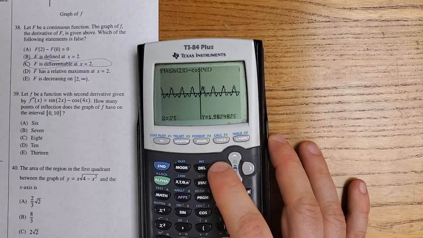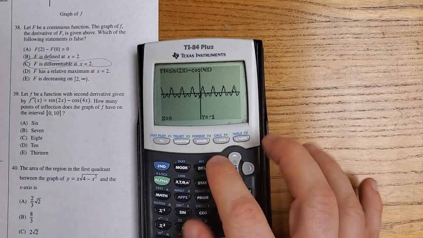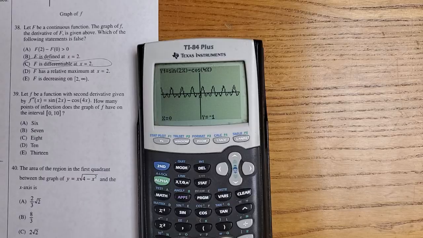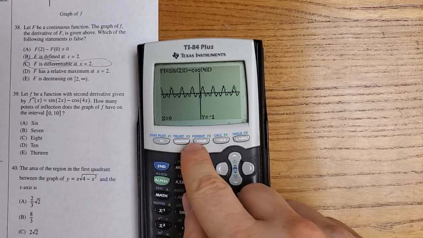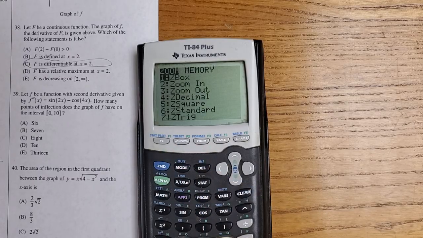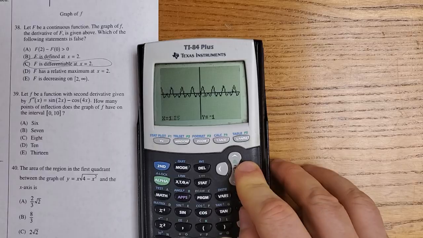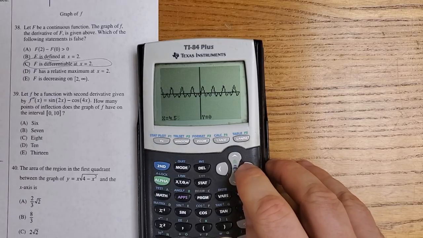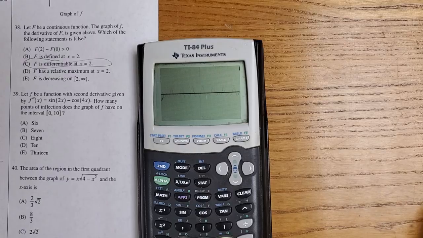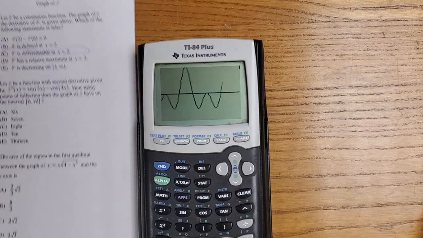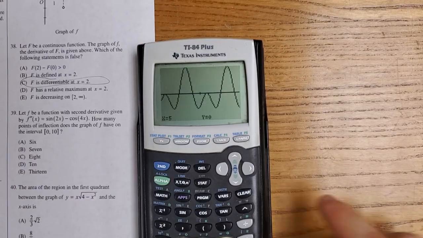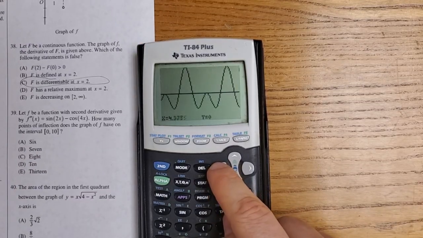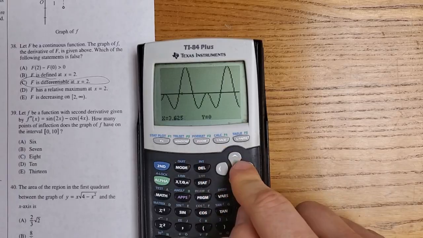Maybe still a little hard to see. Yeah, at 0, it's -1. We're going to zoom in again. See if I can zoom in at 5. Let's see what that does. I don't think that worked.